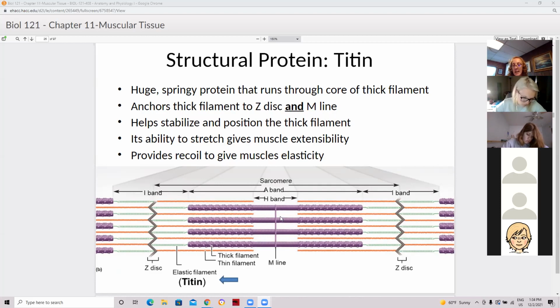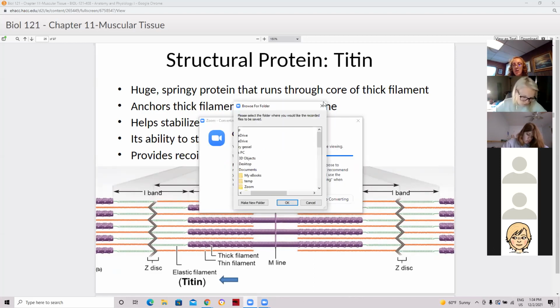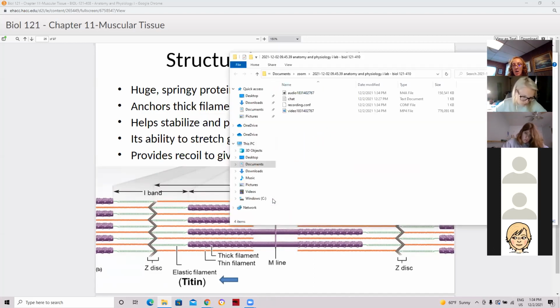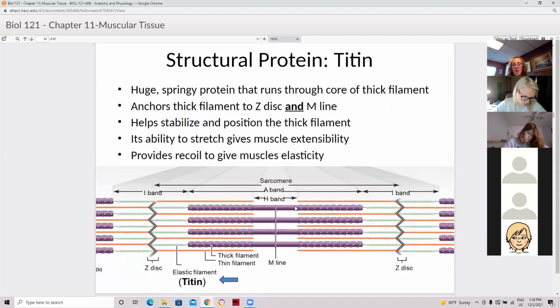The M line is the middle of the thick filament.